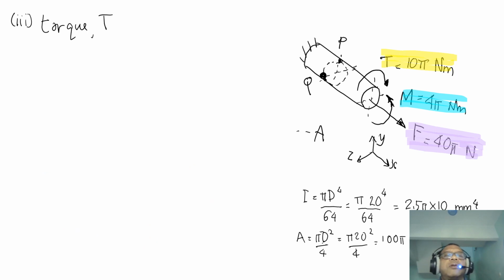And then we have for torque. For torque, we have tau equals to Tr over J. So at P and Q, the same thing. R is equals to 10 mm.